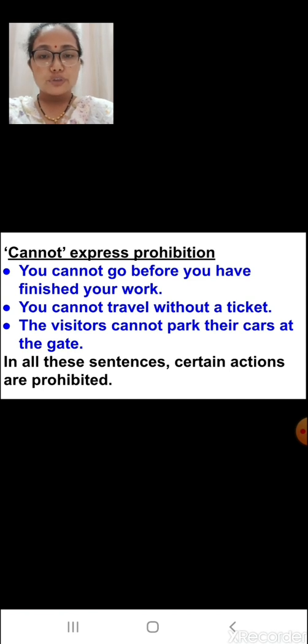For example, you cannot go before you have finished your work. Number 2, you cannot travel without a ticket. Number 3, the visitors cannot park their cars at the gate. In all these sentences, certain actions are prohibited.